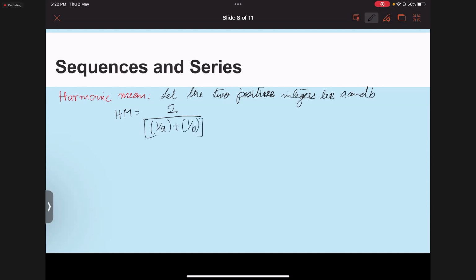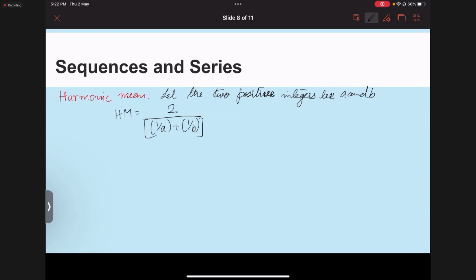Harmonic sequence, if you remember, we had done in the first chapter. In that we had seen that in a harmonic progression, the reciprocal of each term also forms a sequence, so the reciprocals of the terms follow a pattern.